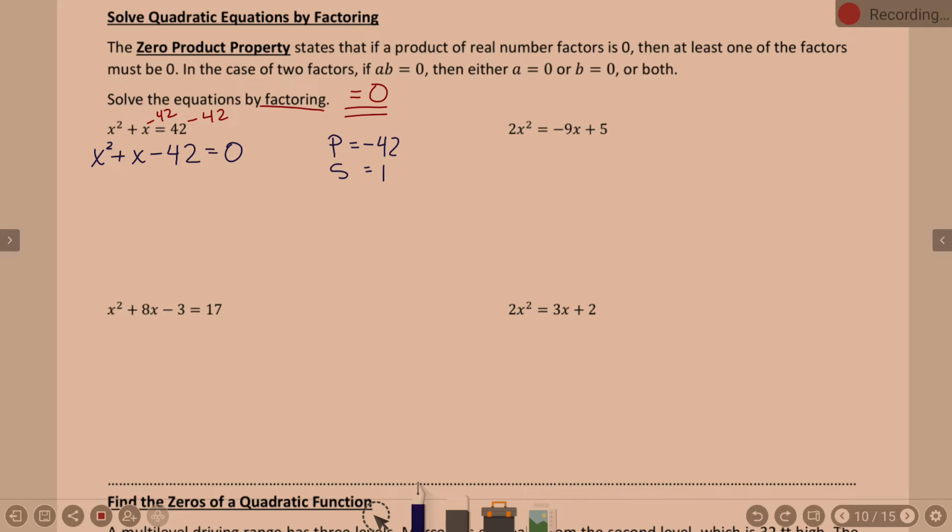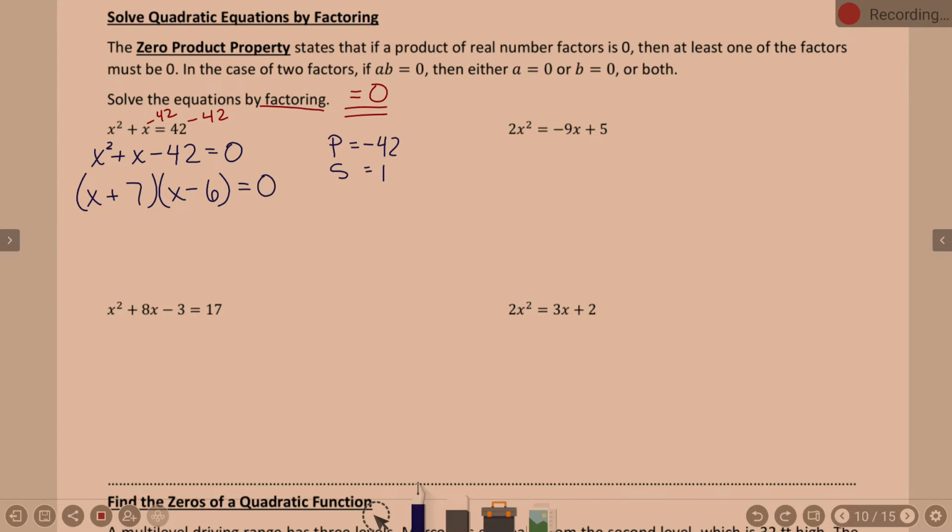Do I need to make the list of values? You know, this is where a calculator by your side can be helpful. If you can't find that pair, figure them out. Okay, so x squared is x and x. I was told positive 7 and minus 6. And my equation still equals 0.